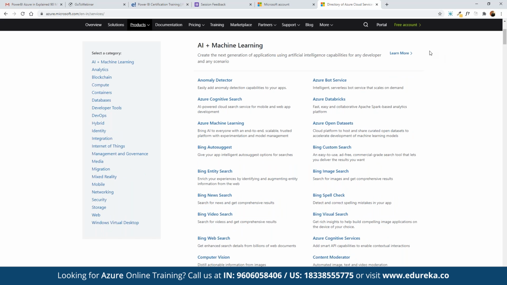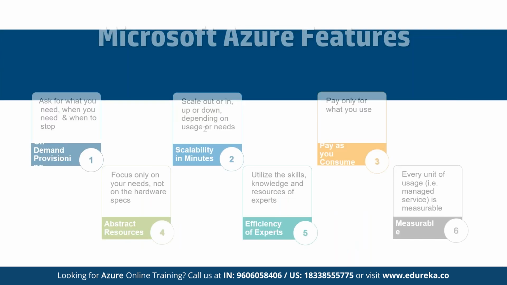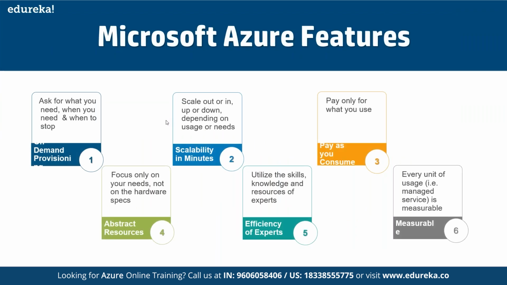AWS currently offers almost 175 services, whereas Azure offers more than 200 services. So Azure, as you know, is one of the leading platforms for cloud computing through which we can choose multiple services in different categories, and then we can get started.